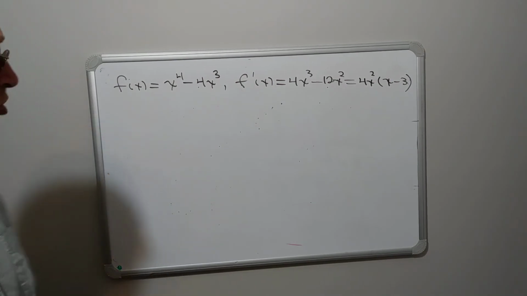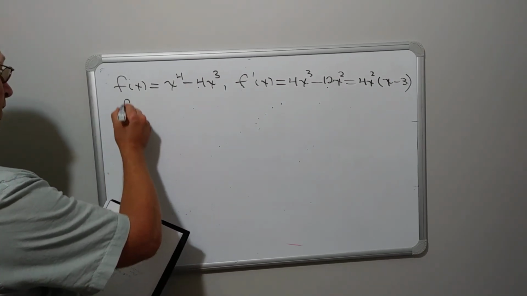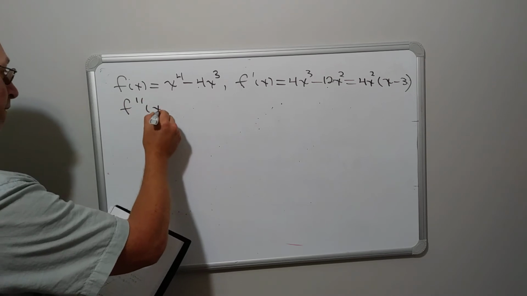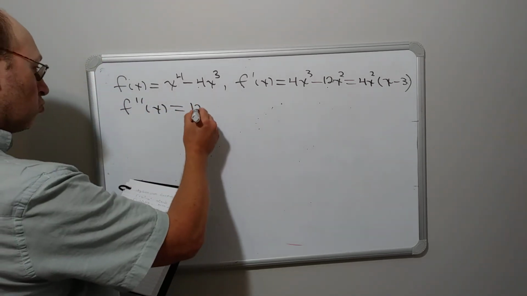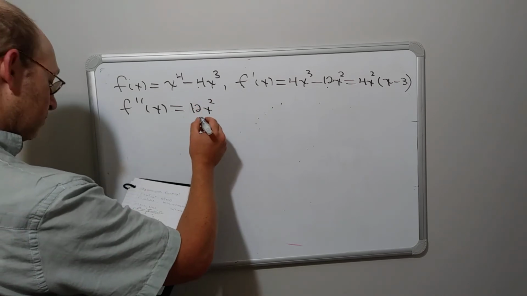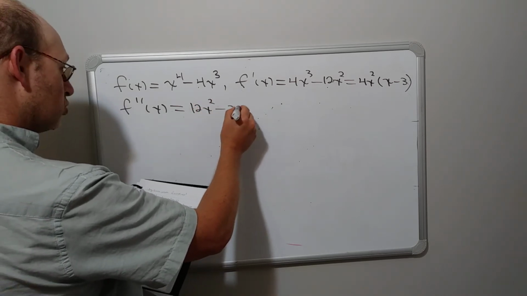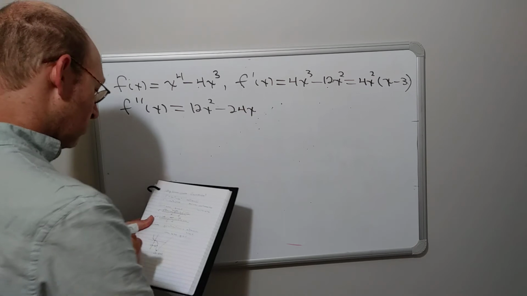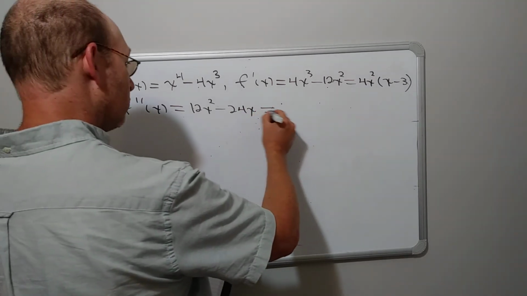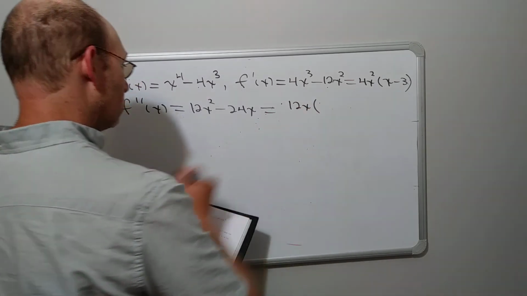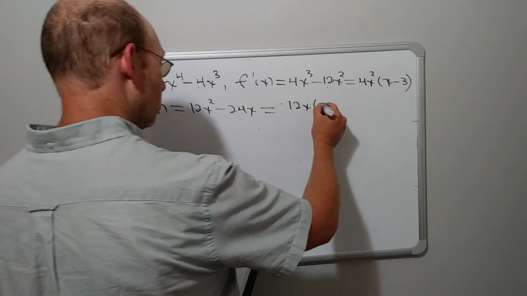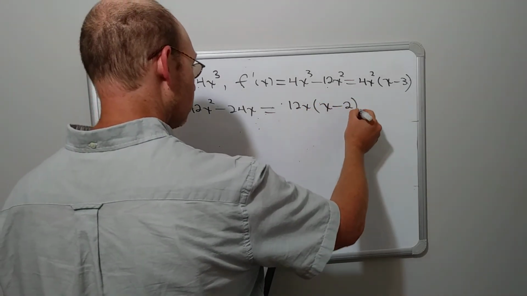Alright, the second derivative is equal to 12x squared minus 24x, which you can factor as 12x times x minus 2.